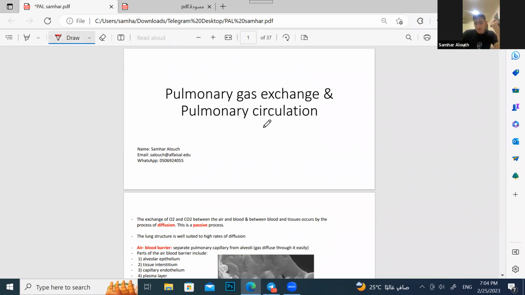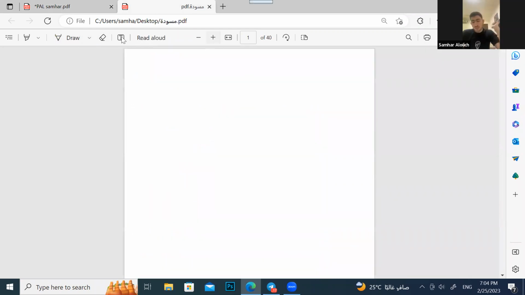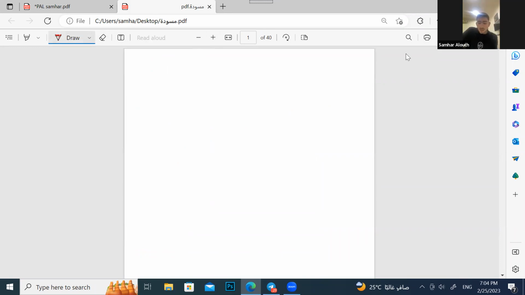Let's start. So first, let's orient ourselves a little bit of what's happening here. We have the bronchus, then it divides itself into two, then it keeps dividing till we reach the alveoli, on both sides.